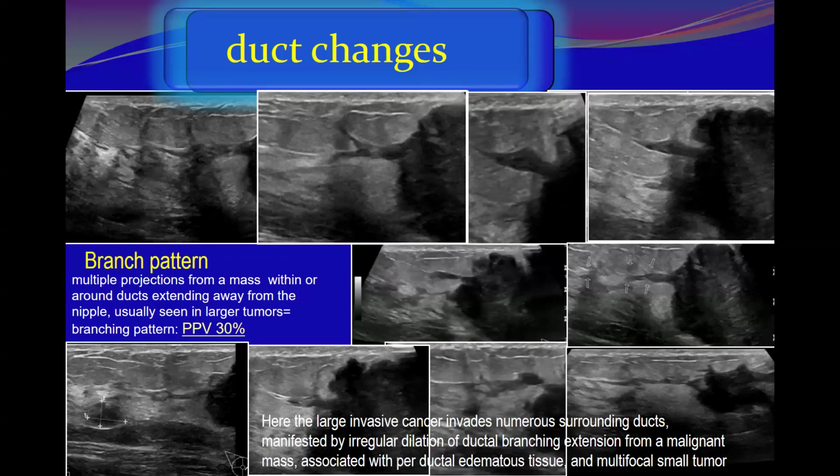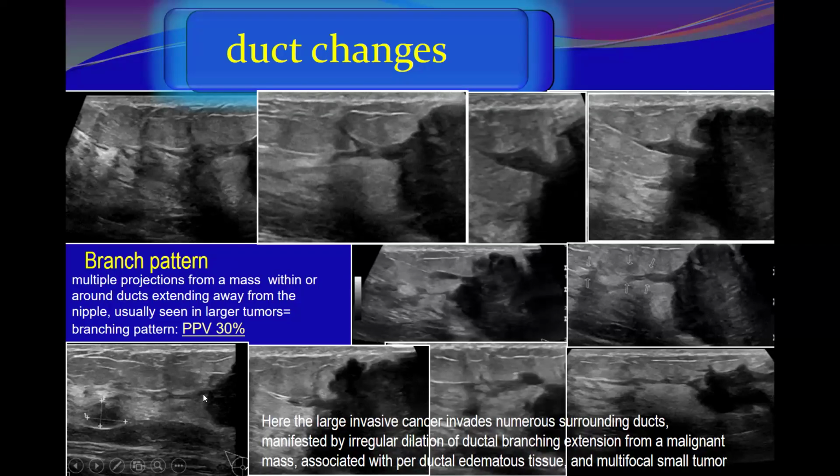this is the same mass, but all these images represent different directions of ductal involvement, okay? These ducts are invaded by the mass and are irregularly dilated and even branching, with periductal edema, as well as associated small multifocal tumor adjacent to these ducts.